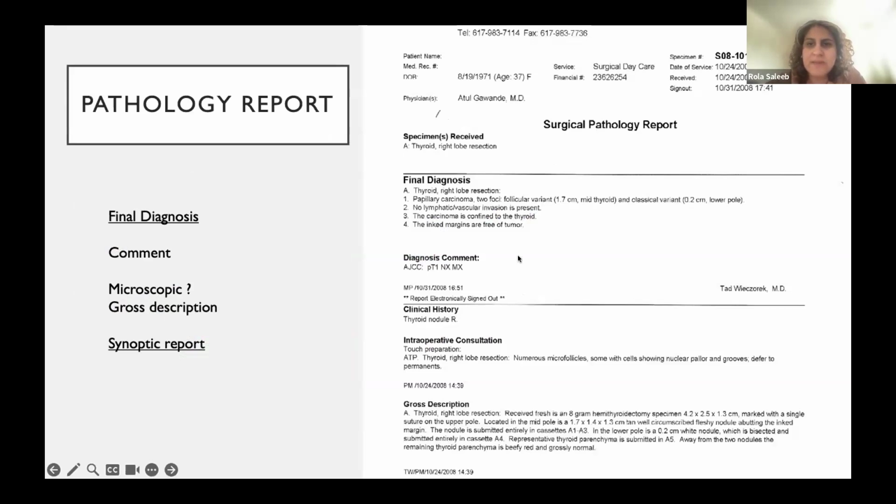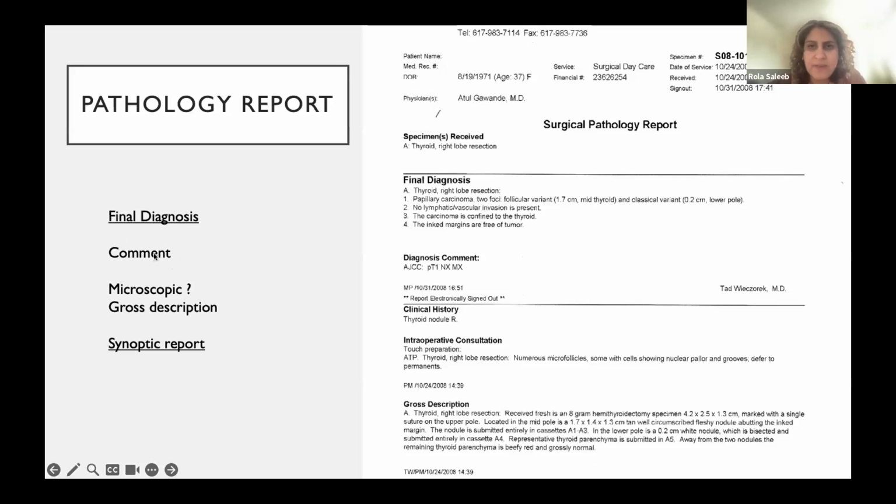So this is a generic surgical pathology report from the internet, which shows sections. I just wanted to show basically how it looks, but what we comment on is the diagnosis. We have the final diagnosis line. We have a comment sometimes that explains a bit more what this cancer is.